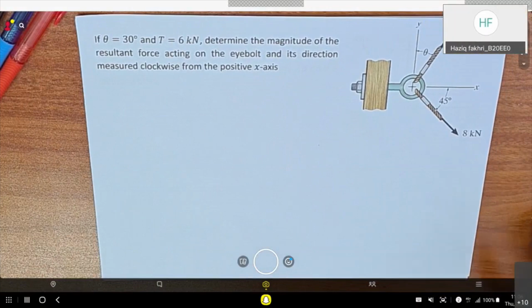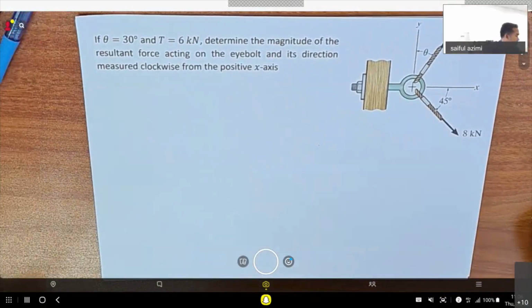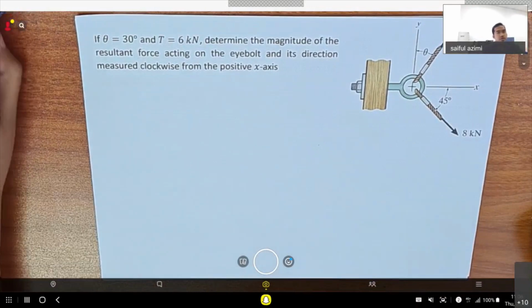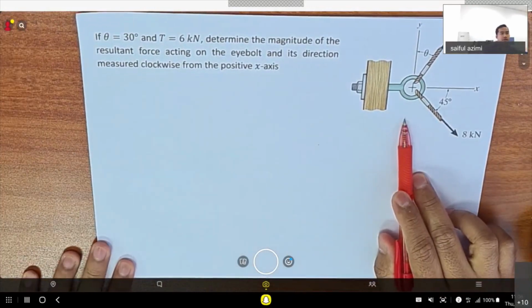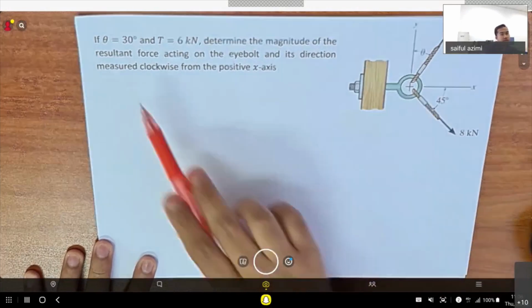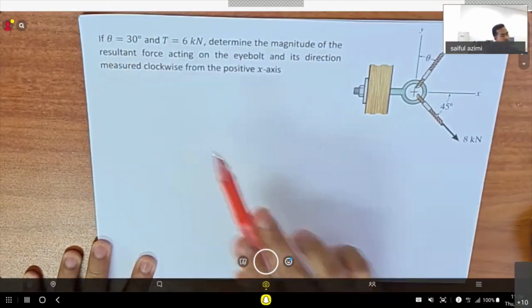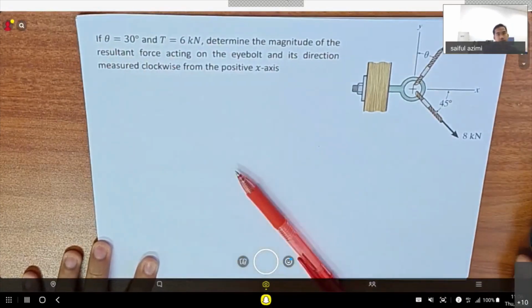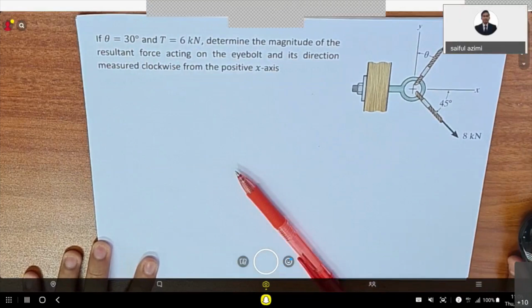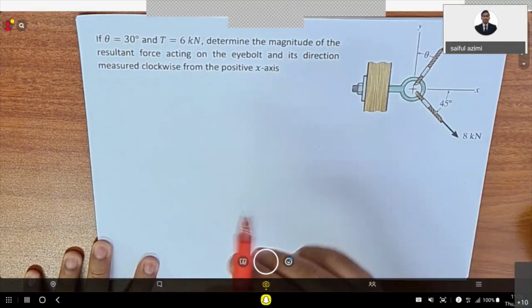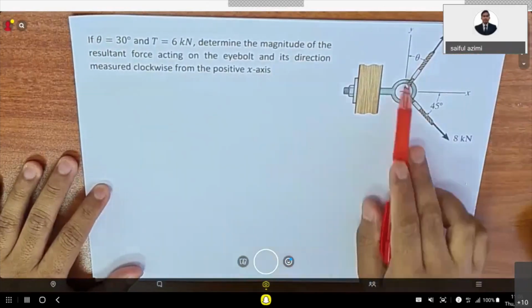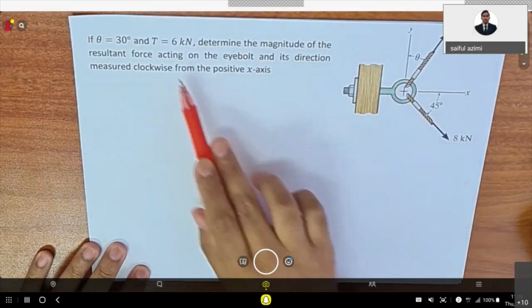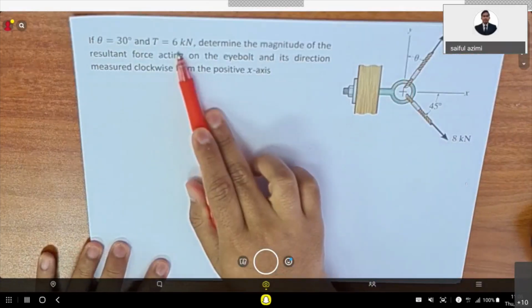Yes. Okay, sir. Right, so this is the question that we have. First you have a diagram here, and the question is described as: if theta equals 30 degrees, so theta is here, and T equals 6 kilonewton.